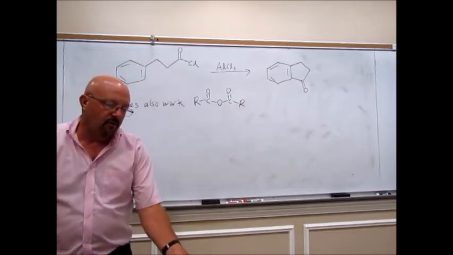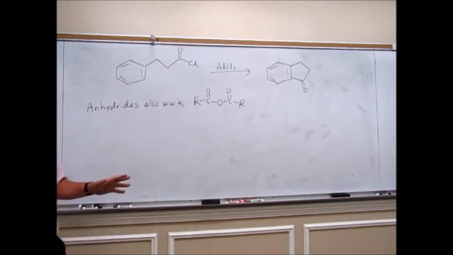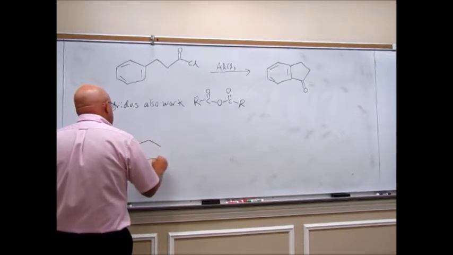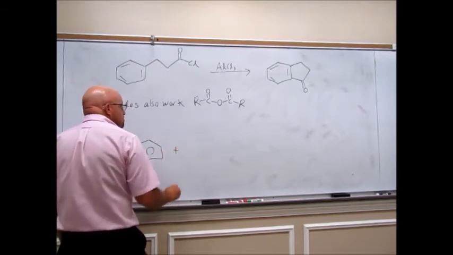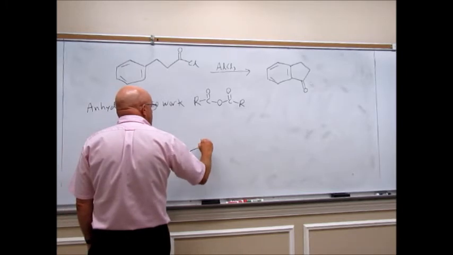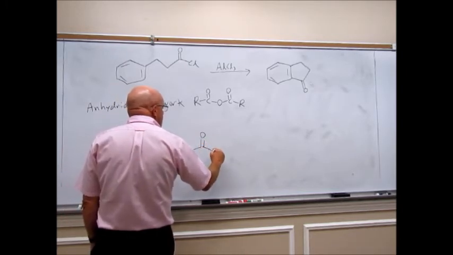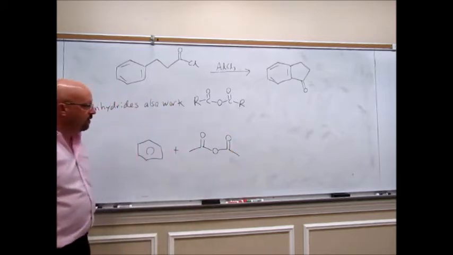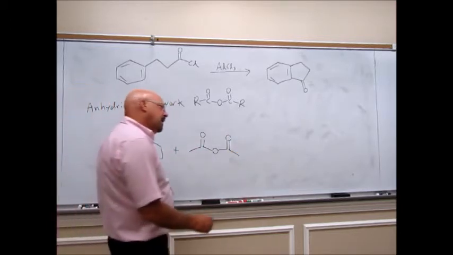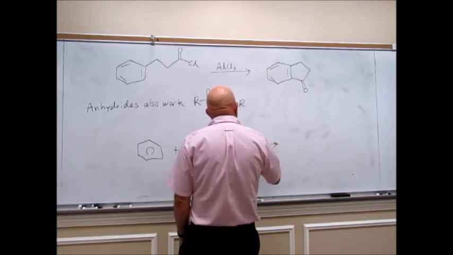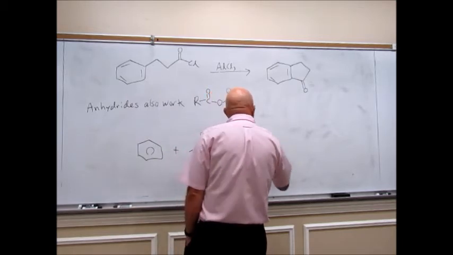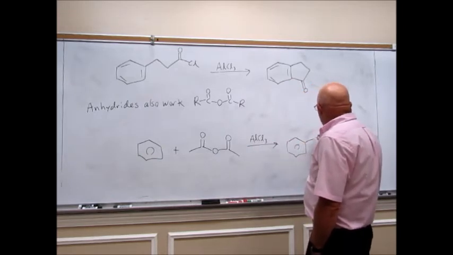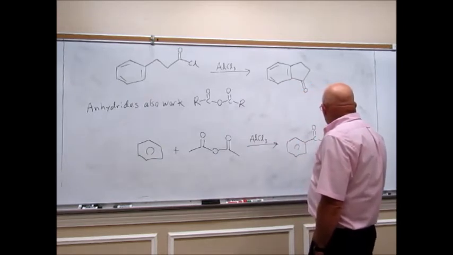So anhydrides will also work for these Friedel-Crafts acylations. So let's look at an example of that. We'll use this anhydride. Still need my Lewis acid catalyst. And we will put the acyl group onto the ring.